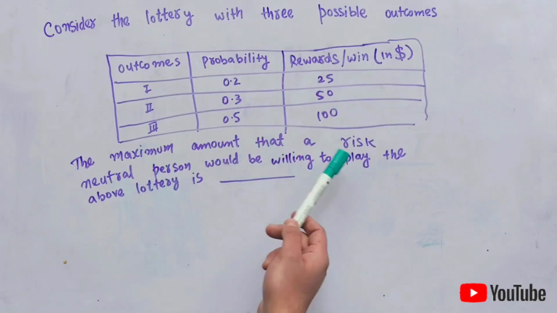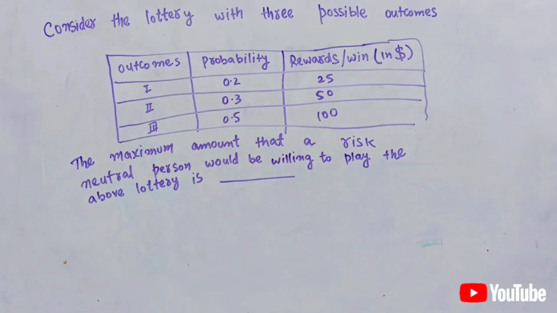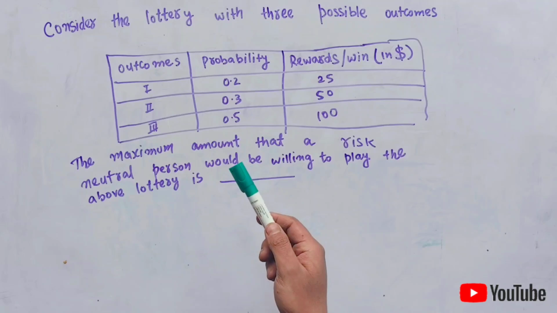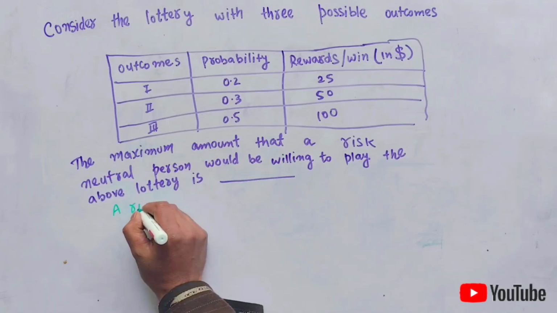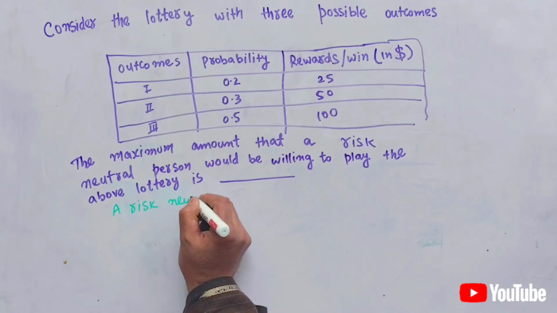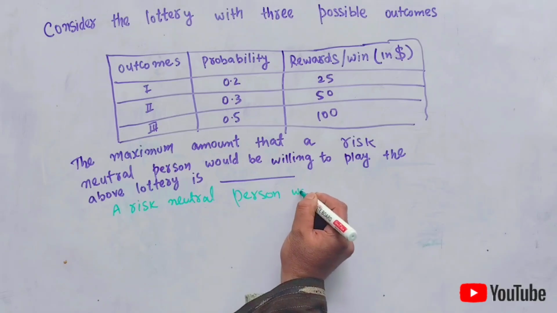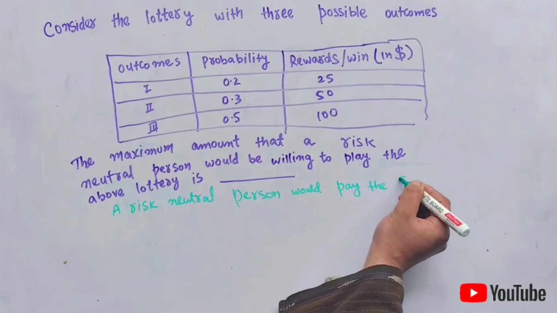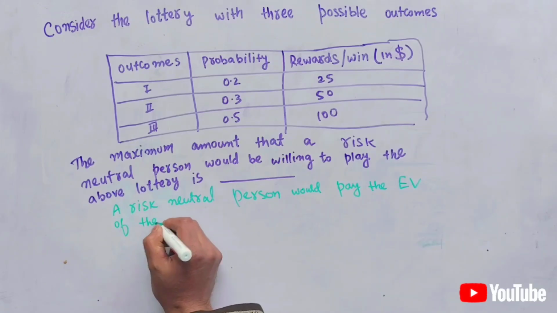The maximum amount that a risk neutral person would be willing to pay to play the above lottery is what we need to find out. Now, a risk neutral person would pay the expected value of the lottery to play it.